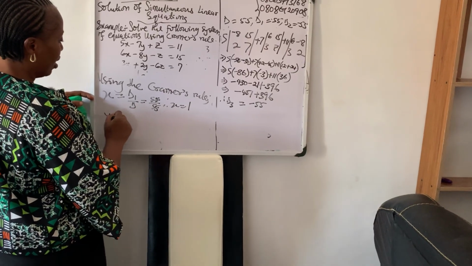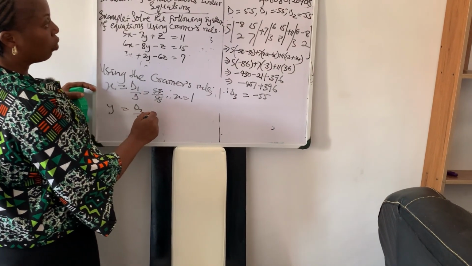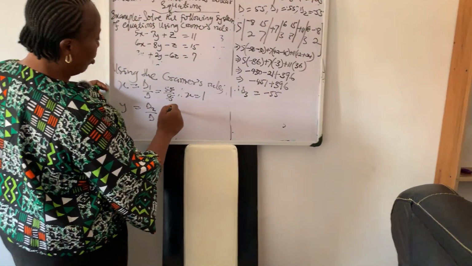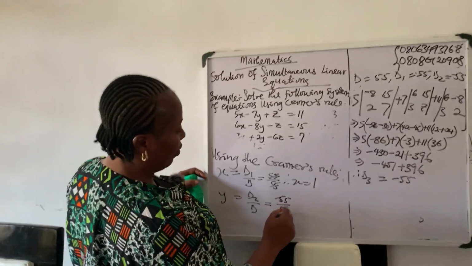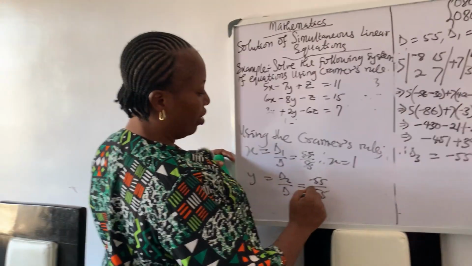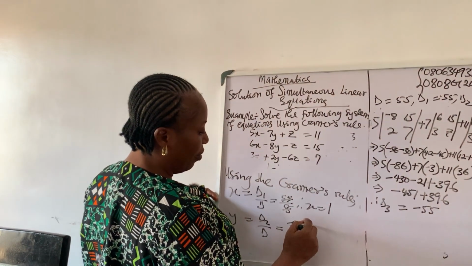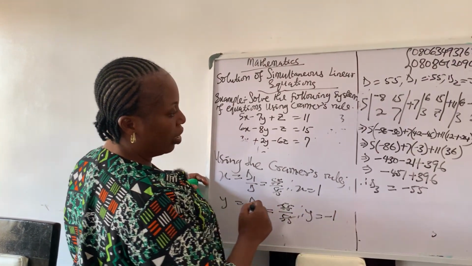Then for y, which is d2 all over d, our d2 is minus 55 and our d is 55. 55 into 55 minus 55 is minus 1. We therefore have our y to be what? Minus 1.